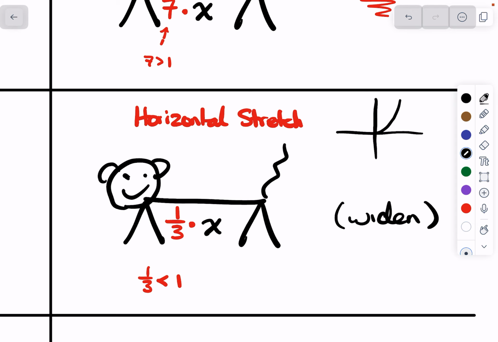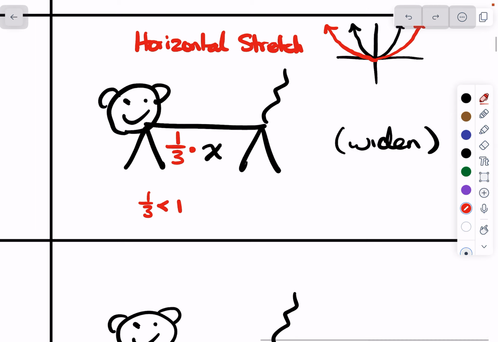I've got my parabola here. It's going to stretch out and widen out. And if you get detailed about it, you know exactly how wide it's going to get. It'll be by a factor of 3, which, funny enough, is the denominator of that fraction. That's not a coincidence.